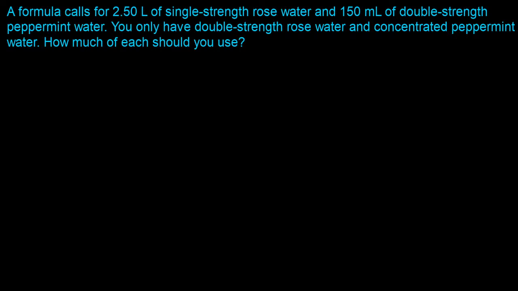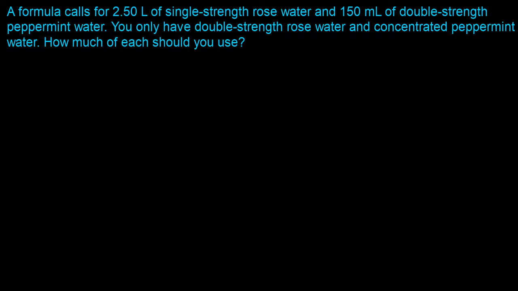So here the question says a formula calls for 2.5 liters of single strength rose water and 150 milliliters of double strength peppermint water. You only have double strength rose water and concentrated peppermint water. How much of each should you use?